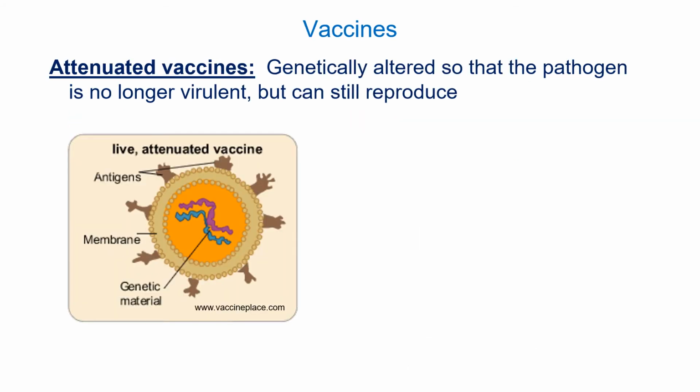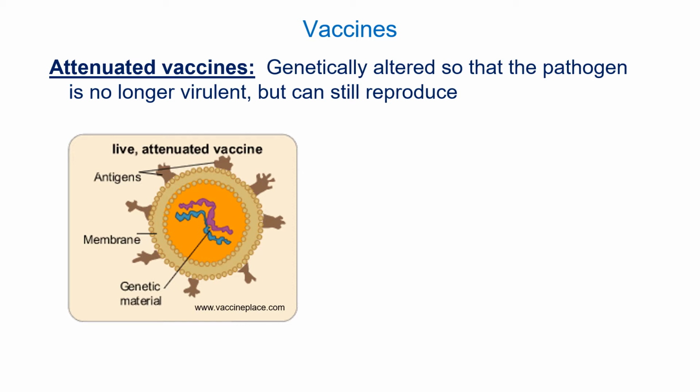So the first type of vaccine I want to talk about are attenuated vaccines. So what is attenuated? It means kind of weak or not as virulent anyway. So the whole idea is here, there are different methods to do this, but you can take a virus or a pathogen and you can breed it in the lab and make it less virulent. There are new genetic methods to do this. There's old classical methods. This type of technique has been around for a couple hundred years since Louis Pasteur was doing it.